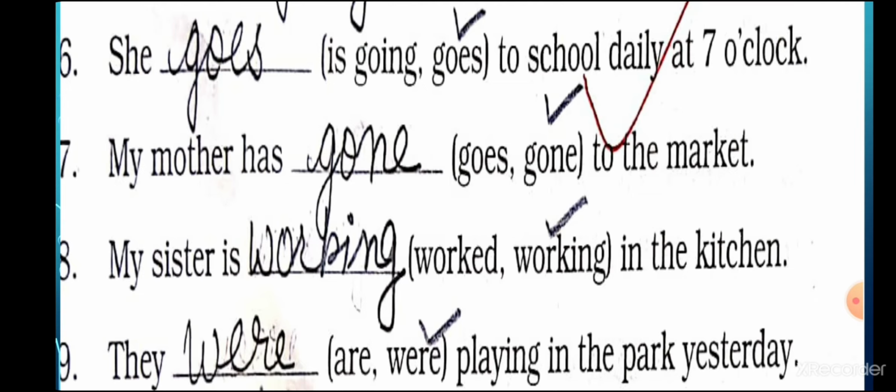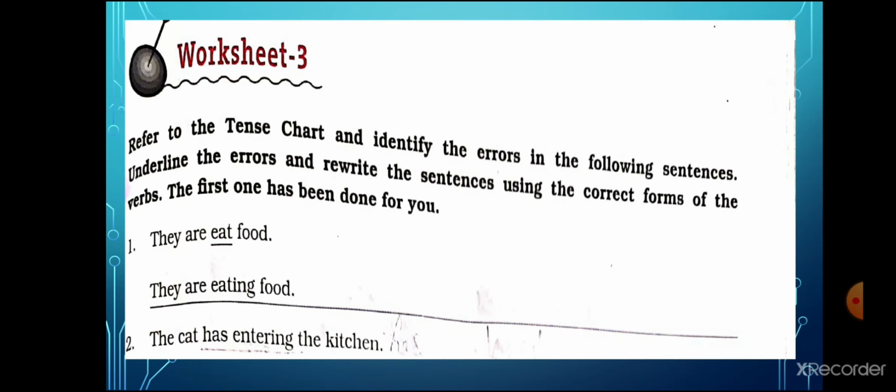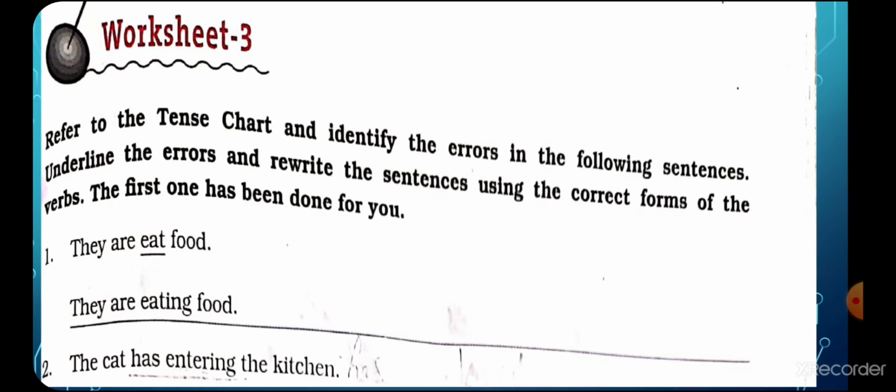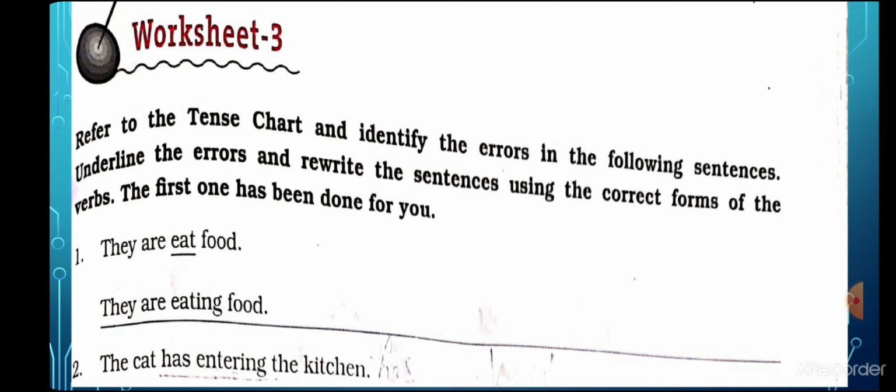The next ones we can do like this. She goes to school daily at 7 o'clock. Then my mother has gone to the market. My sister is working in the kitchen. They were playing in the park yesterday. Okay, like this students, try to find out the correct option and complete worksheet number 2.